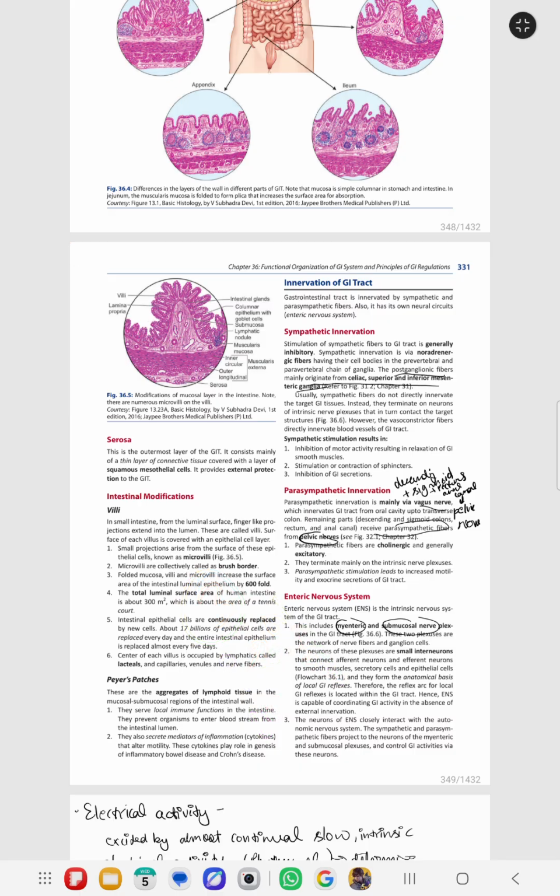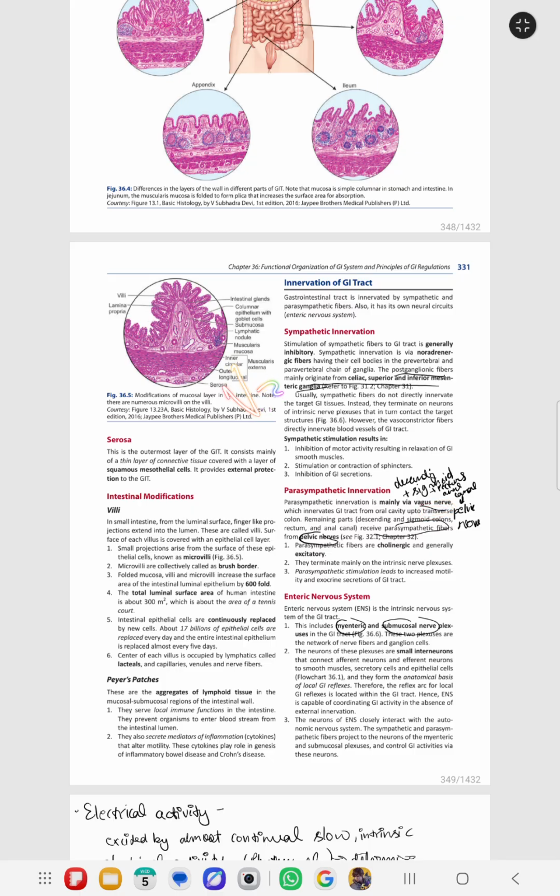GI relaxation. Now, parasympathetic innervation is via the vagus nerve, which innervates the GI tract from the oral cavity up to the transverse colon.